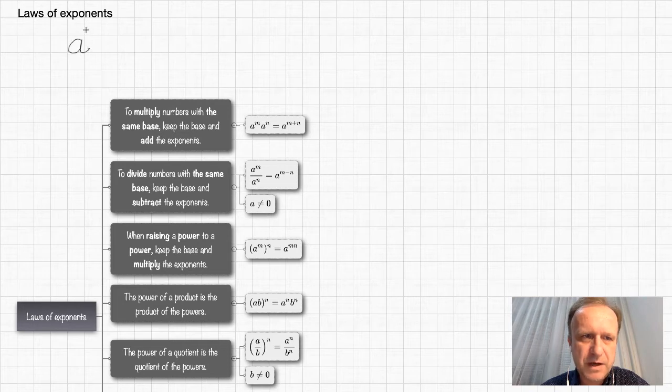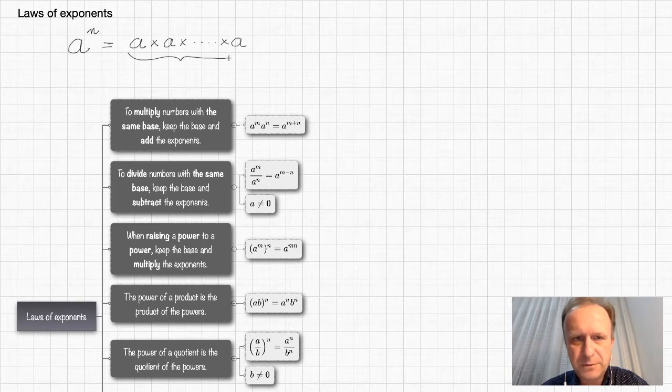Imagine you have a power a to the power of n. The meaning of such a thing, as explained in the last lesson, is as follows. You have to multiply a times a times a, and do it n times altogether, and what you get is a to the power of n.